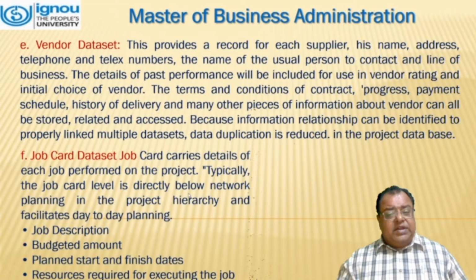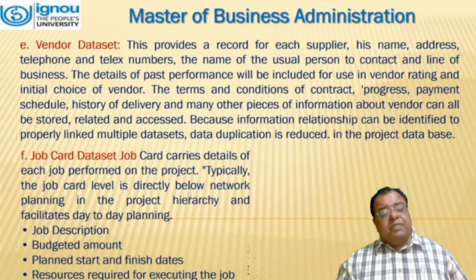The terms and conditions of contract, progress, payment, schedule, history of delivery, and many other pieces of information about the vendor can all be stored, related, and accessed. Because information relationships can be identified to properly link multiple data sets, data duplication is reduced in the project database.